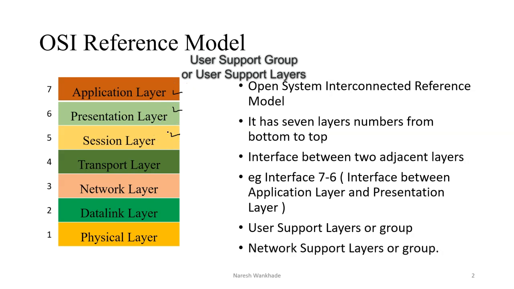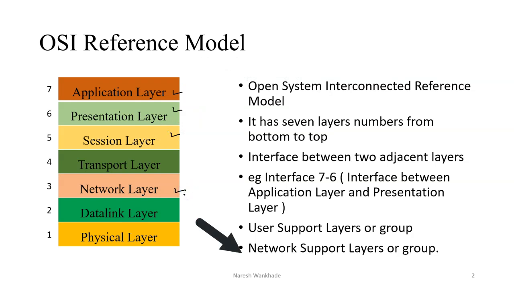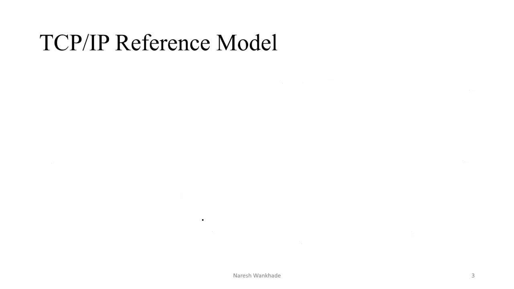Then there are network support layers or network support group, comprises network layer, data link layer and physical layer. So group of these three layers is known as network support group, or these three layers are known as network support layers.